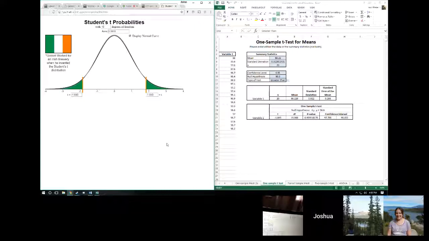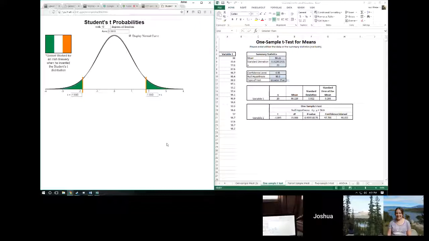Basically, if they ask for a p-value and they give you all the information, like what's the p-value with a t-score of this and a degree of freedom of this, then you would use the student's probability.